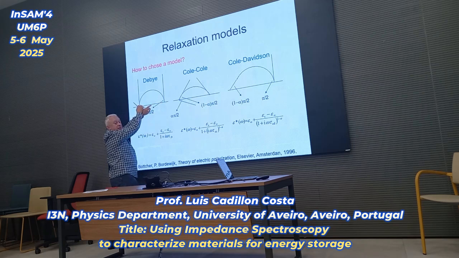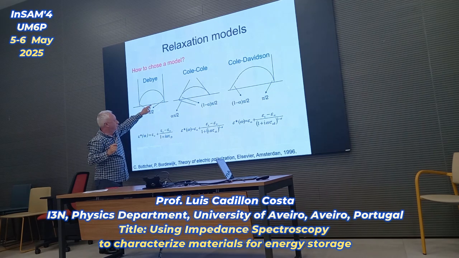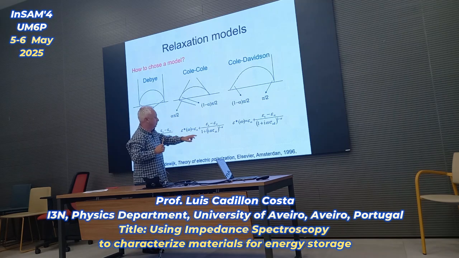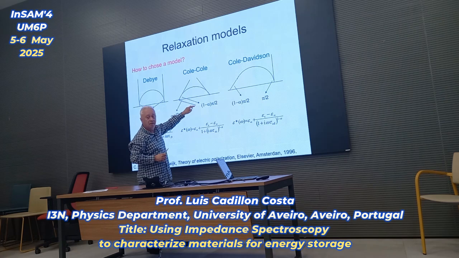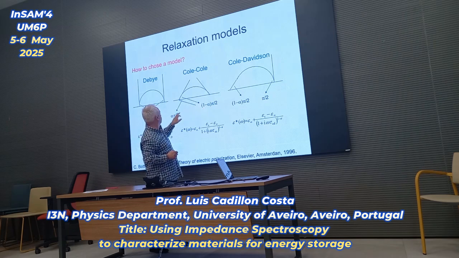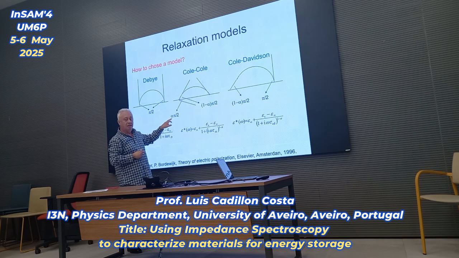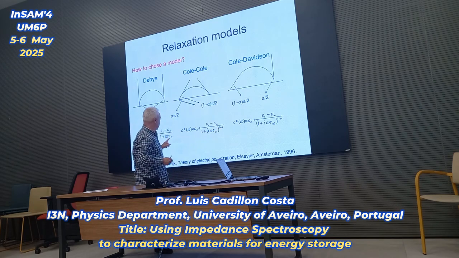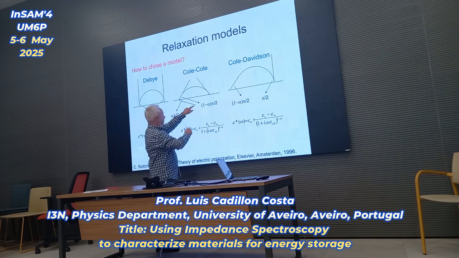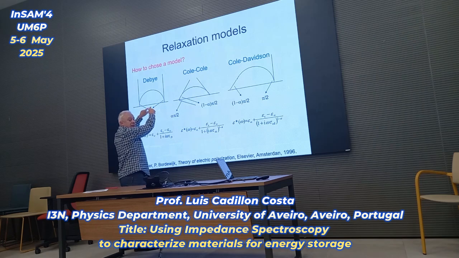When I put this exponent, the circle goes down, and this angle is alpha multiplied by 90. For example, if alpha is 0, this equation is this equation, so this point is here.